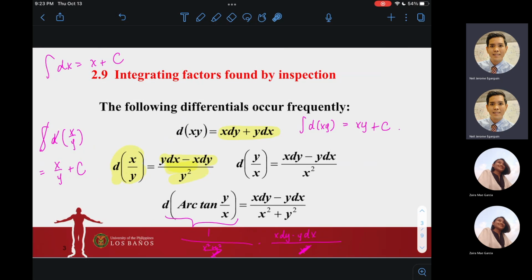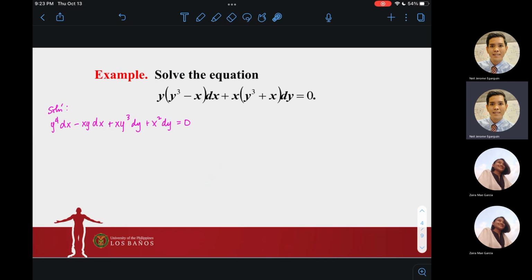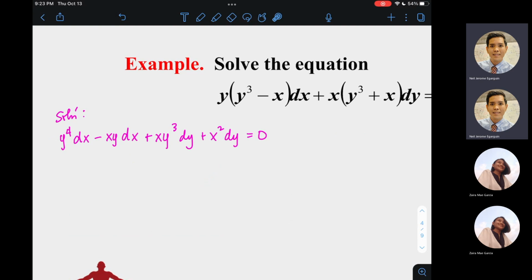Bakit? Kasi tingnan niyo yung mga forms na hinanap natin. Yung isa ay dx, yung isa ay dy. Yung isa ay dy, yung isa ay dx. So pag nag-group ka ng terms, dapat magkaiba yung differential. Okay? Kaya lang, pag ang pinili kong ipag-group ay yung y to the fourth dx, at saka pipili ako ng isang may dy, halimbawa, plus x squared dy, wala ito dun sa mga form na nakita natin kanina.